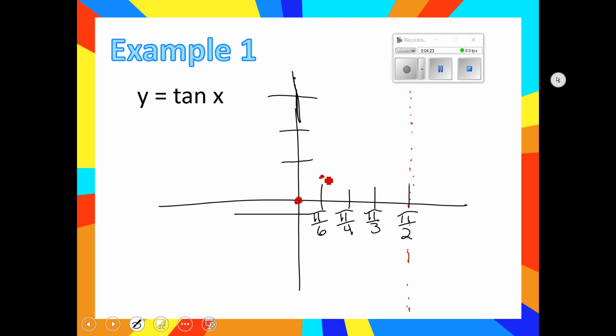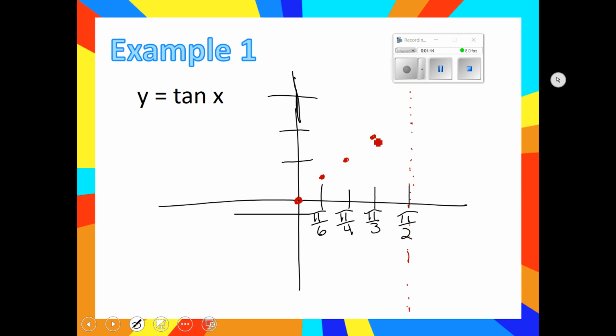Okay, maybe a little past halfway. At pi over 4, where is it? It's at 1. At pi over 3, where is it? At 1.3? 1.73, so it's going to be up here.